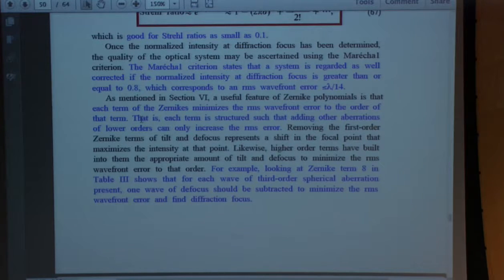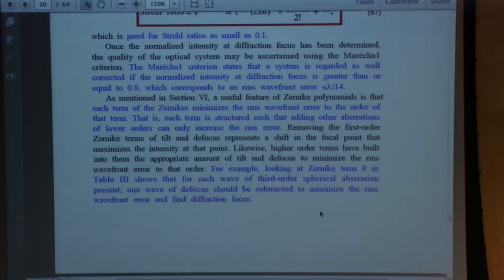And just going back here, repeating again, I said that each term of the Zernikes minimizes the RMS wavefront error to the order of that term. And so you're adding in the appropriate number of lower order terms to minimize the RMS. If you try to add in other aberrations to lower order terms, you're only going to increase the RMS.